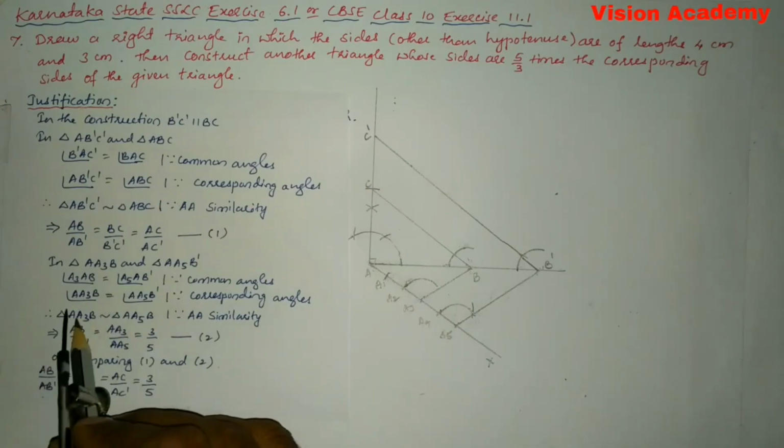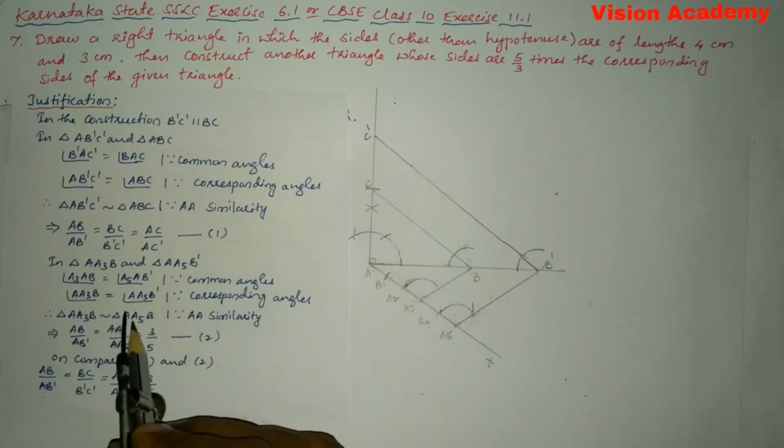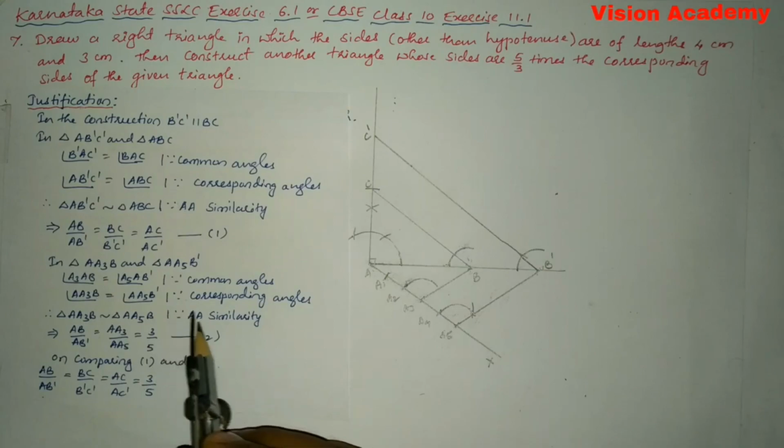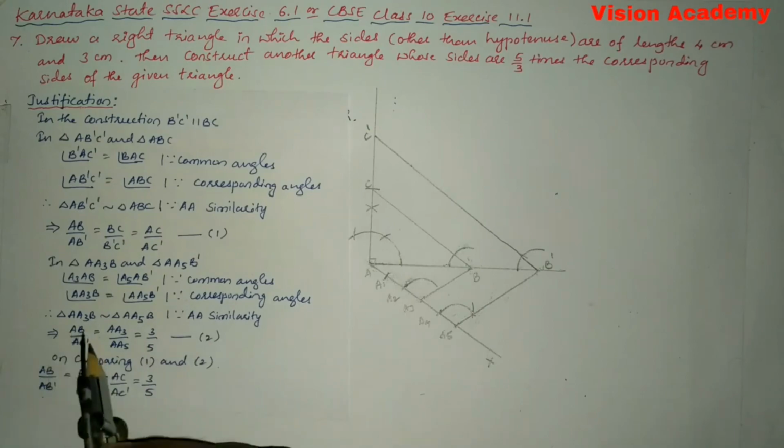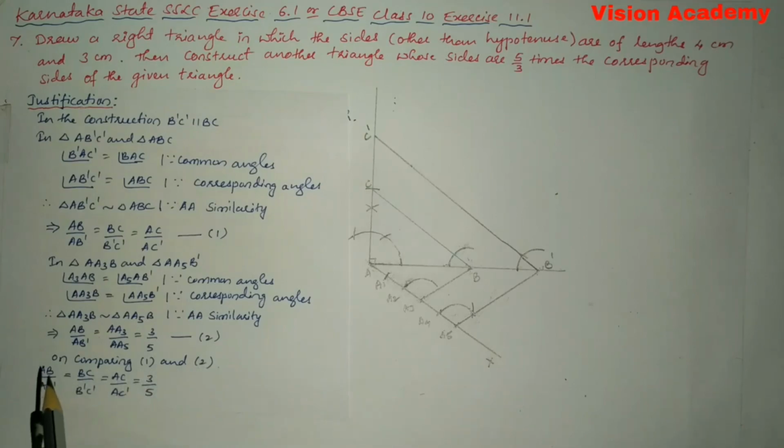Therefore, triangle AA3B is similar to triangle AA5B dash because of the angle similarity criterion. This implies, as per the basic proportionality theorem, AB by AB dash is equal to AA3 by AA5, which is equal to 3 by 5. On comparing equations 1 and 2, we got AB by AB dash is equal to BC by B dash C dash, which is equal to AC by AC dash, which is equal to 3 by 5.